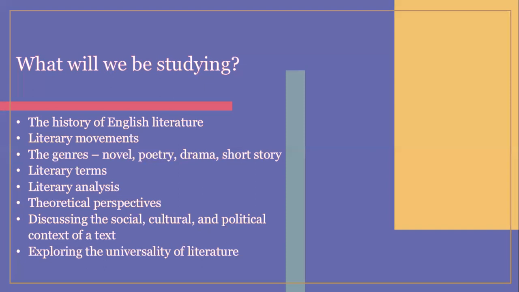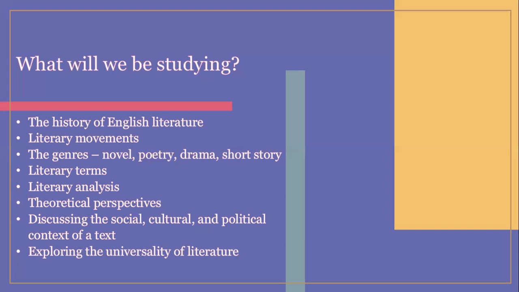But since this is an introductory level course, we will be looking at it from the perspective of a beginner. But we will definitely be applying these theoretical perspectives to our text, because this is a very, very essential element when it comes to studying literature.